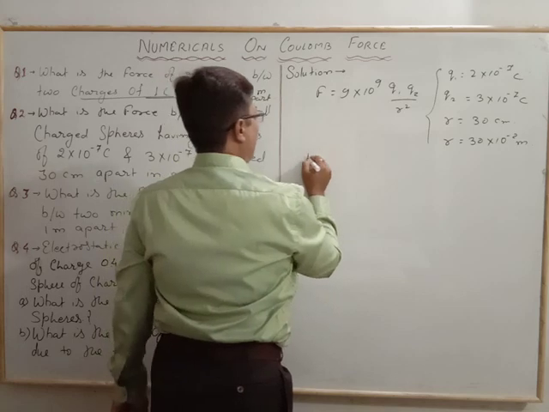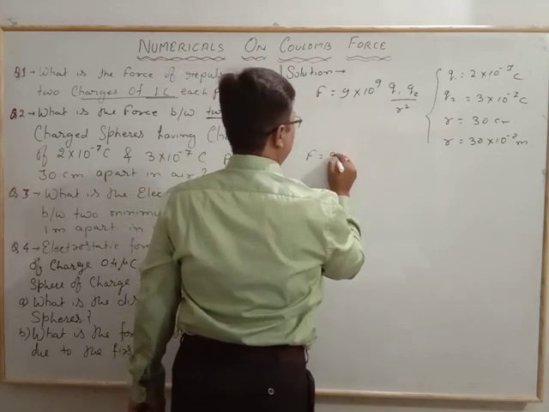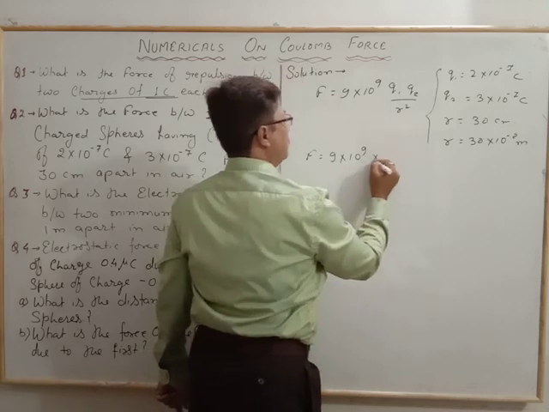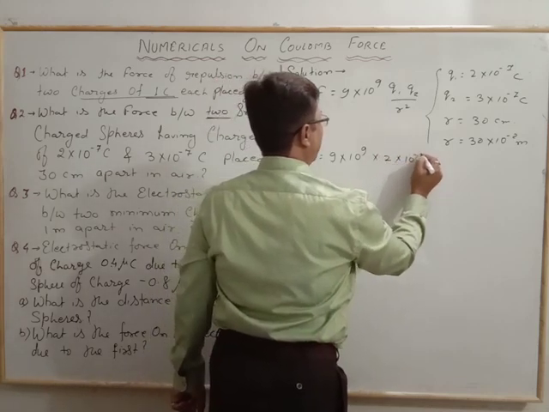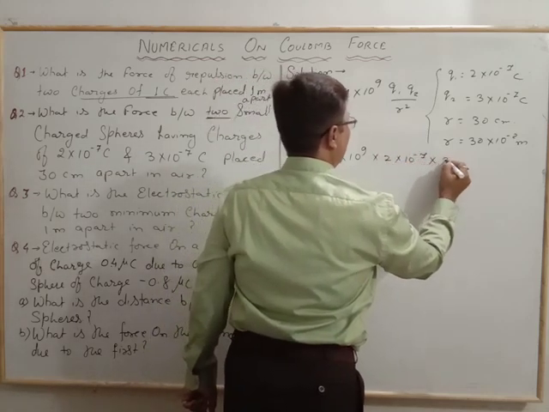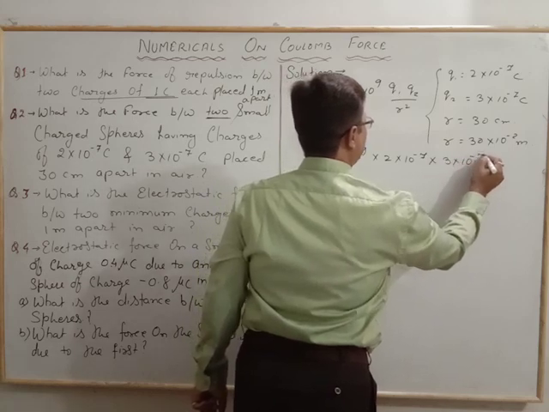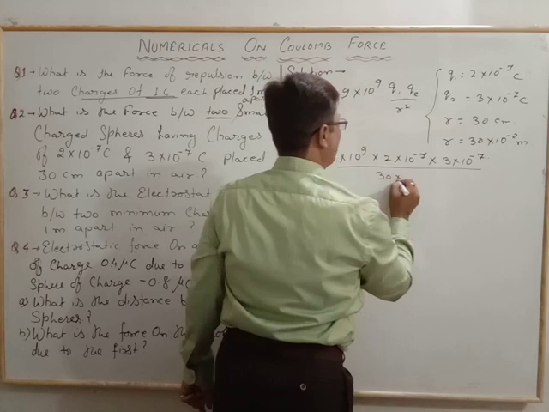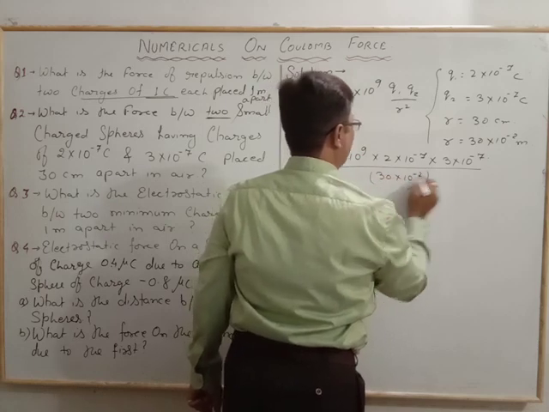So the force becomes 9 into 10 to the power 9, into 2 into 10 to the power minus 7 into 3 into 10 to the power minus 7, divided by 30 into 10 to the power minus 2 whole square.